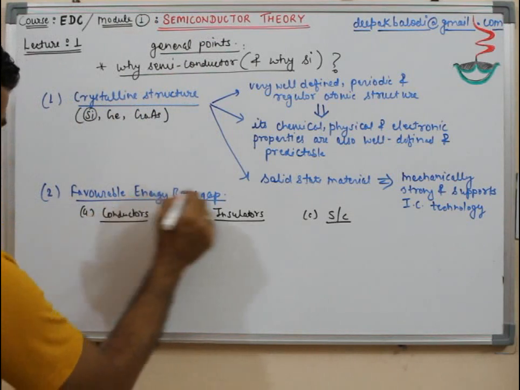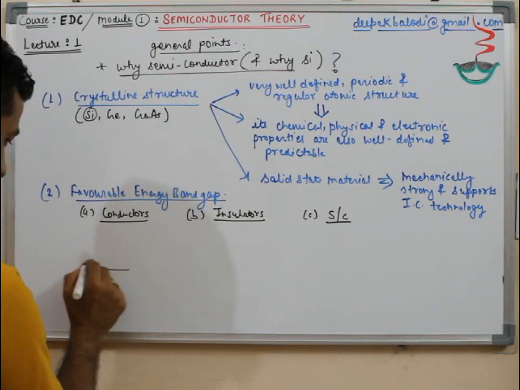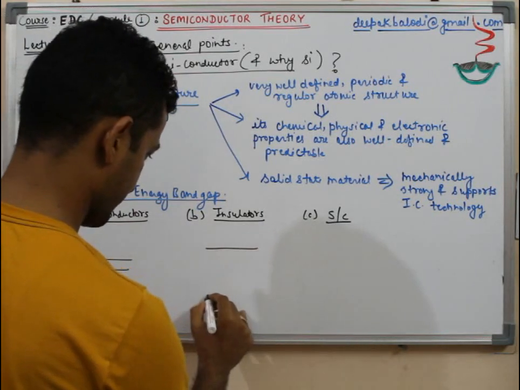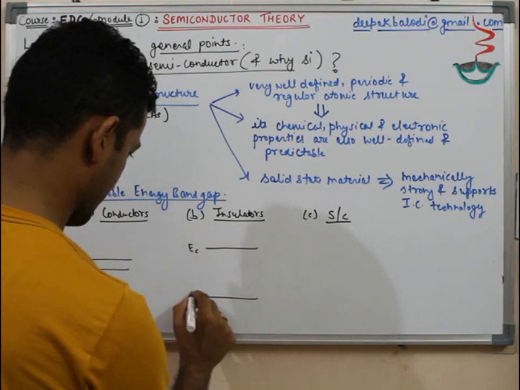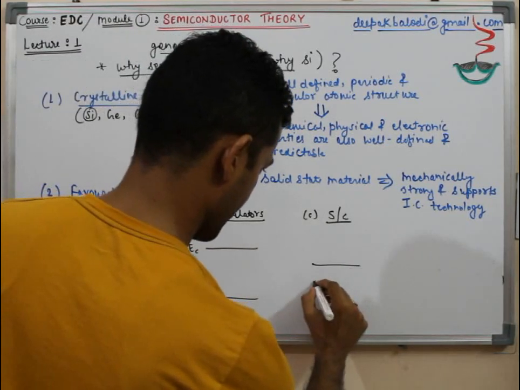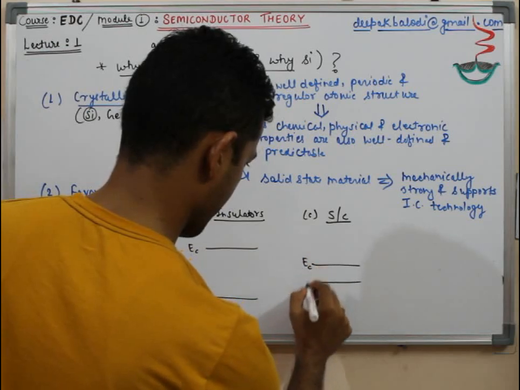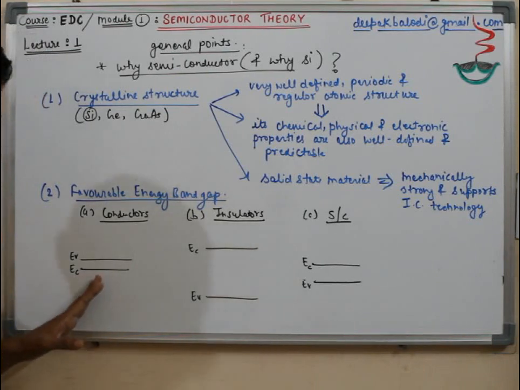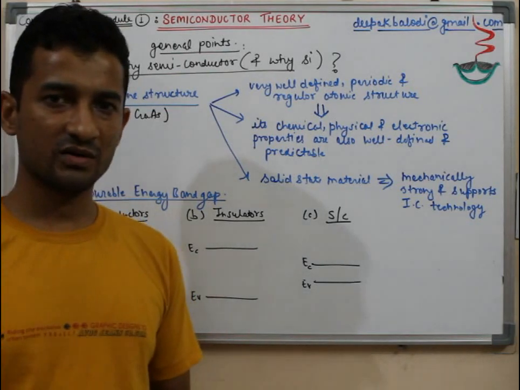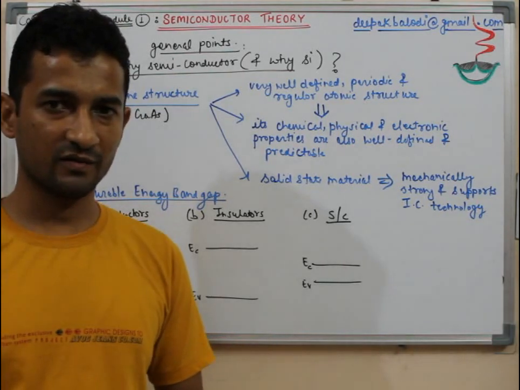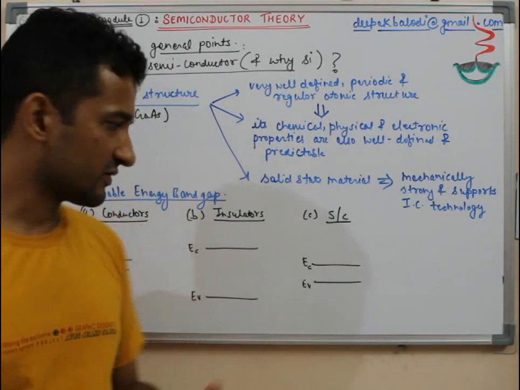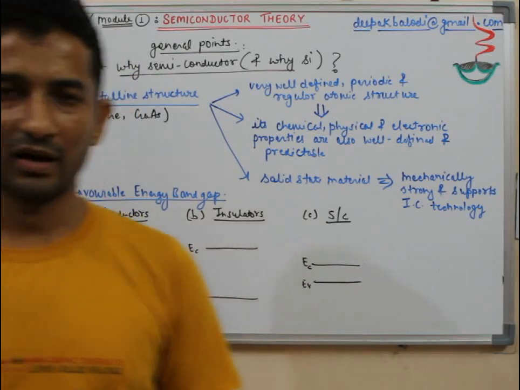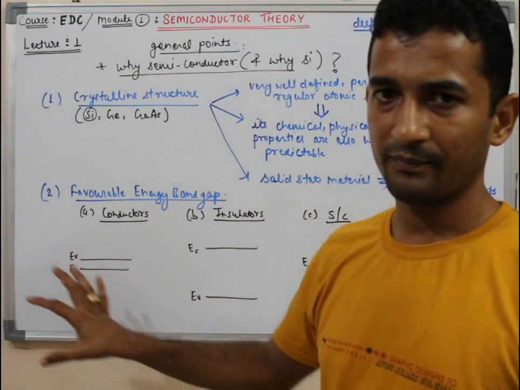So if I plot the energy band diagram for all these, it has been found that in conductors, though the energy band diagram is not a very accurate definition or explanation of the atomic structure inside, because we have to compare these three scenarios, we are making some equivalent scenario here.